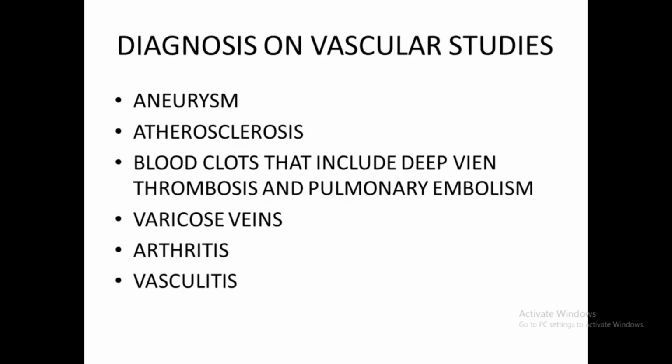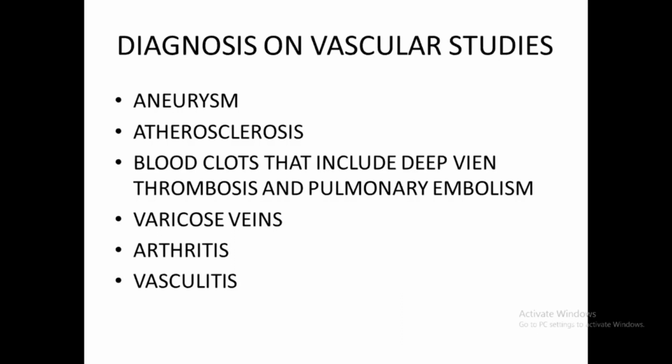The next one is vasculitis. Vasculitis is nothing but inflammation of the blood vessels. What happens in vasculitis is that if the person has inflammation of the blood vessels, then there will be scars on the blood vessels, and that leads to damage of various body parts.